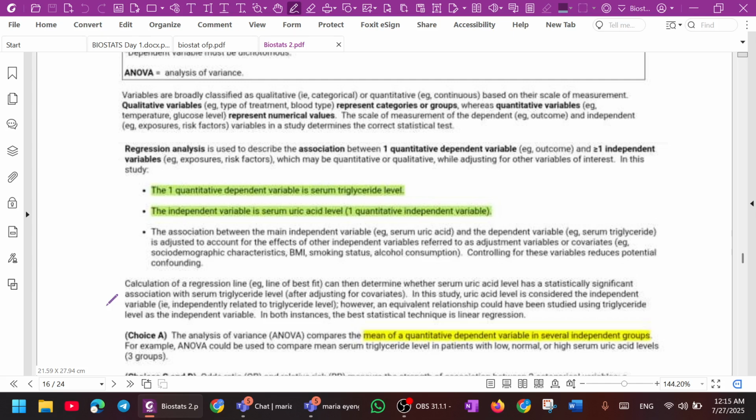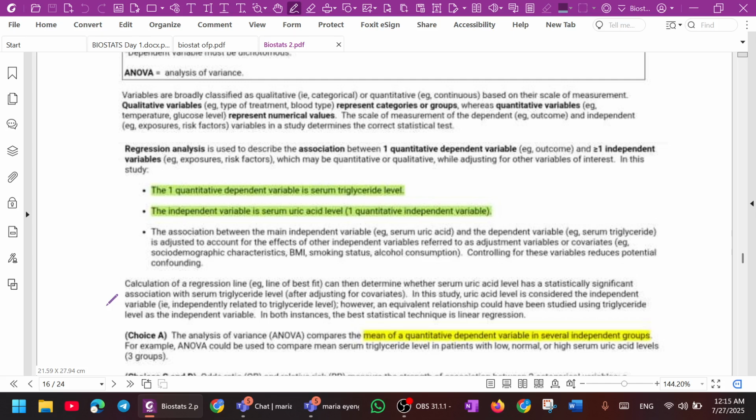The association between the main independent variable, serum uric acid, and the dependent variable, serum triglyceride, is adjusted to account for the effects of other independent variables, referred to as adjustment variables or covariates, that is socio-demographic characteristics, BMI, smoking status, and alcohol consumption.